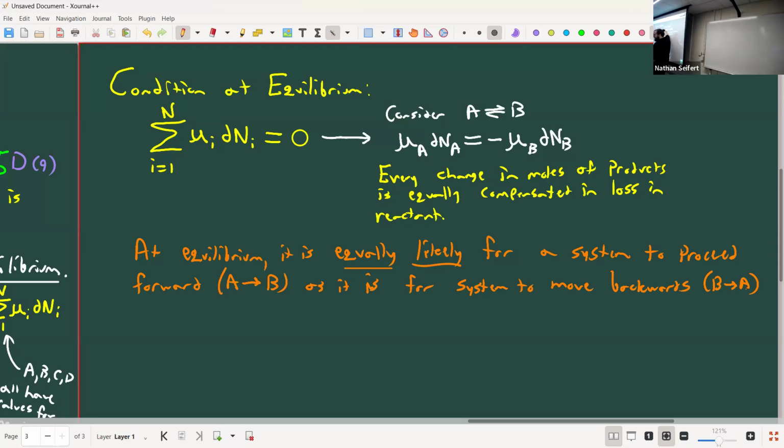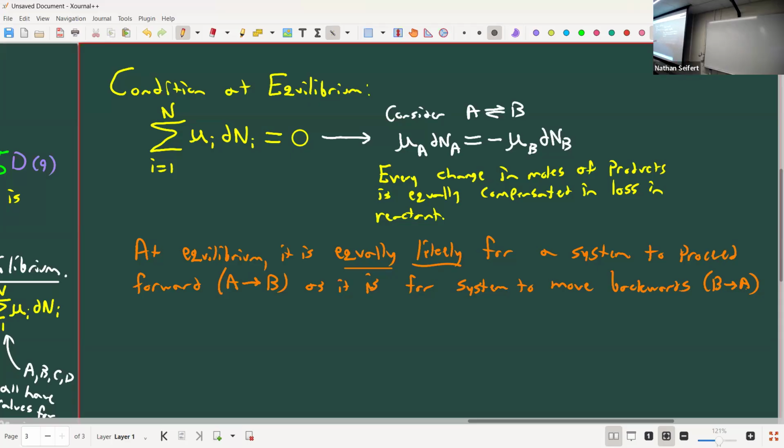Any change in A is compensated by a loss in B, and vice versa. Any gain of B is compensated by a loss of A. This is the definition of chemical equilibrium: you have two things where any change in one is compensated by a change in the other in the opposite direction. That's chemical equilibrium, in a very simple way.